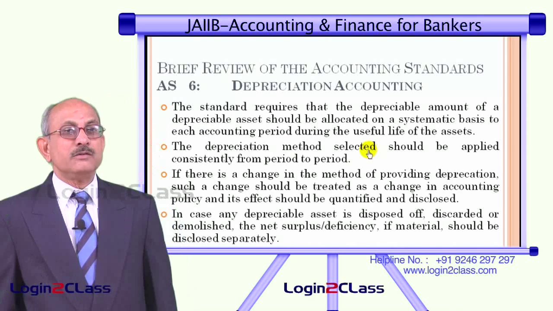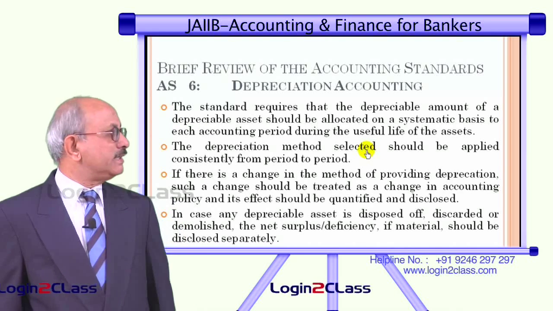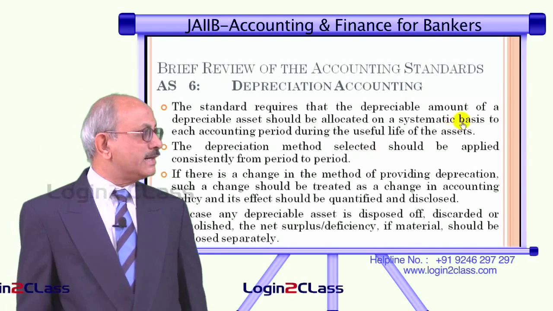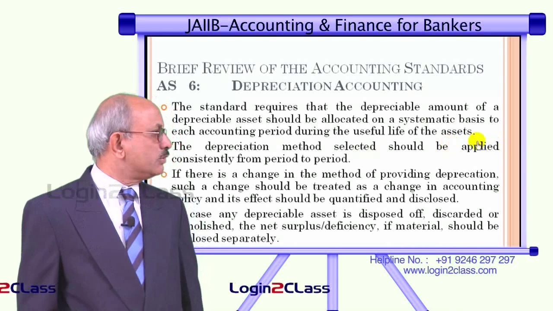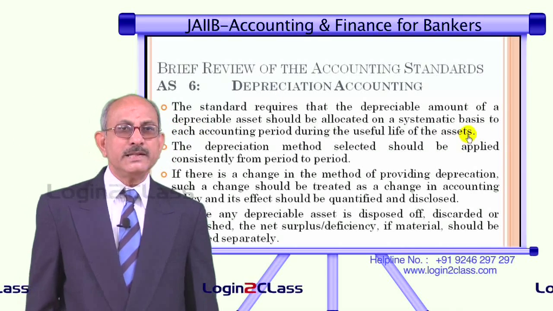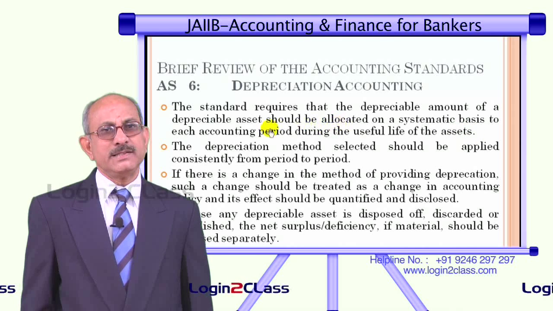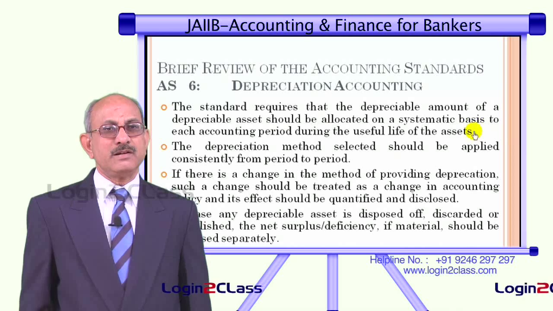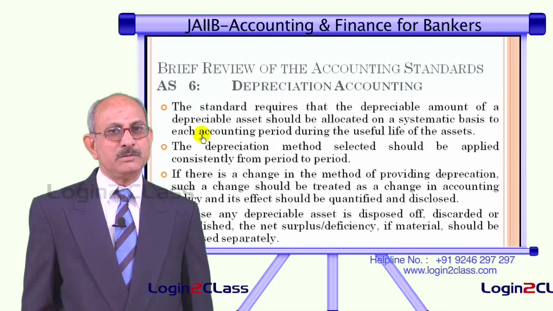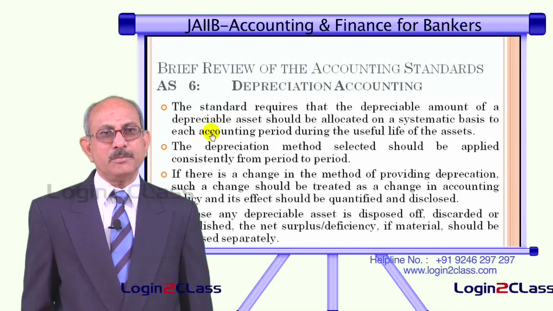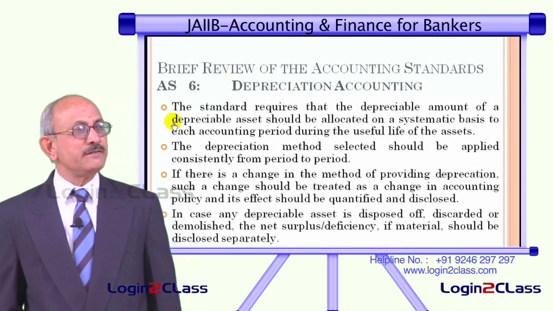So, as we know, what the accounting standard says is that the depreciable amount of a depreciable asset should be allocated on a systematic basis to each accounting period during the useful life of the asset. What basically this means is, whenever there is a depreciable asset, the quantity which is required to be deducted from the depreciable asset has to be allocated to each accounting period depending on the total useful life of the asset.